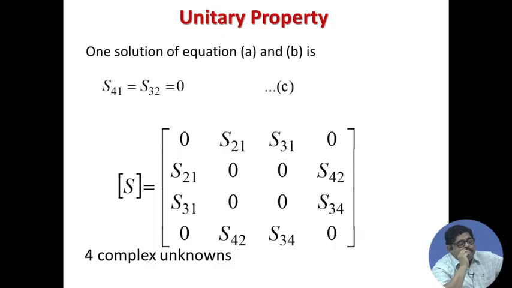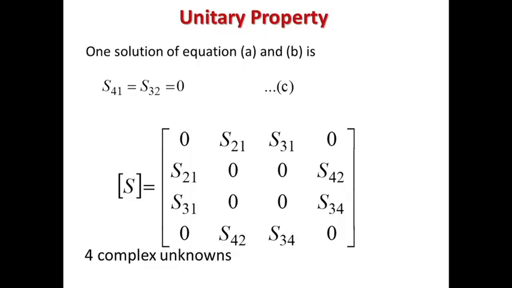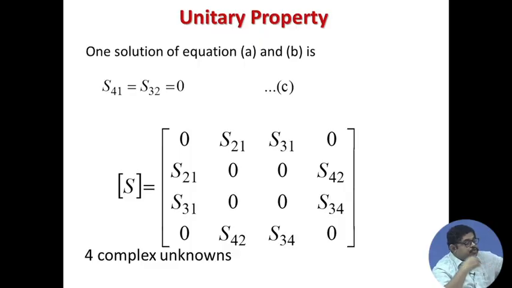S41 means I have given power at input port 1, how much is coming out of port 4. That is 0. That means if I give power at port 1, at the fourth port no power will come. Similarly, if I give power at port 2, at the third port no power will come. So, those are 0. Now we put it into the S parameter.